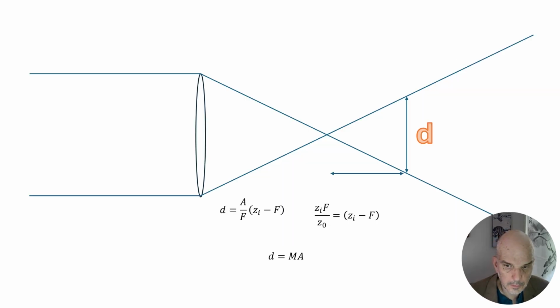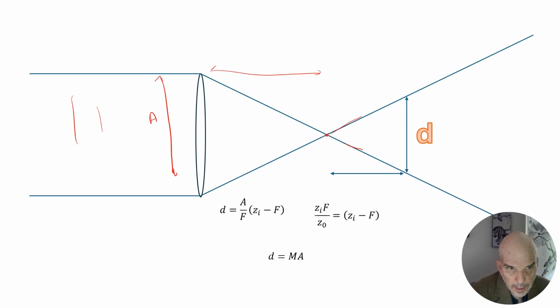Well, like we said, if we had a plane wave coming into a lens, it's going to focus at a spot here at the focal plane, but then it goes beyond that spot and turns into a more extensive beam. If we just look at the angle here, this is A, the aperture size, and this is f.